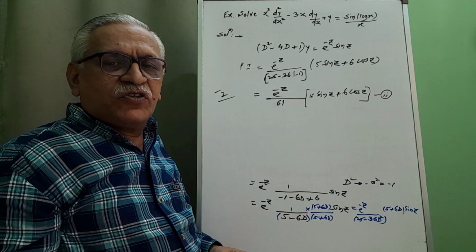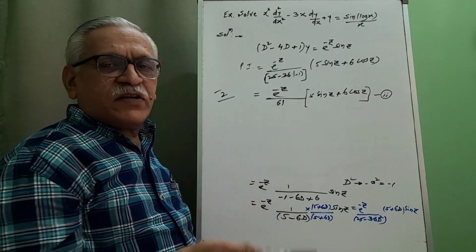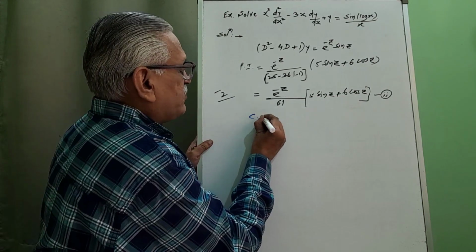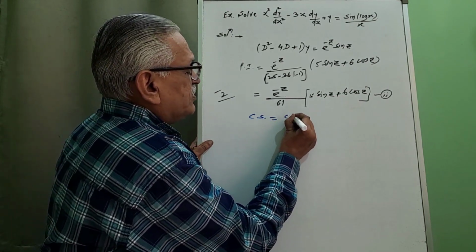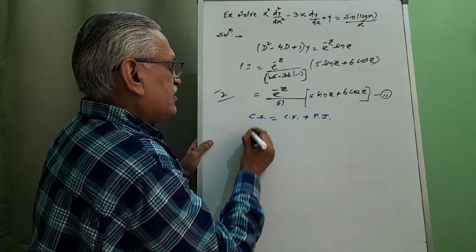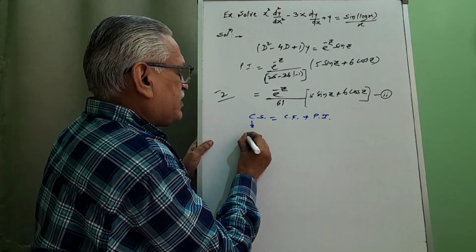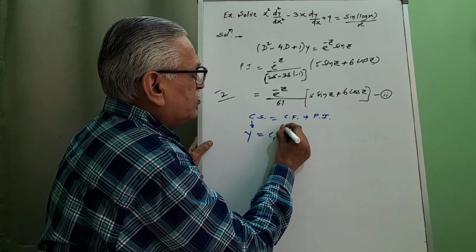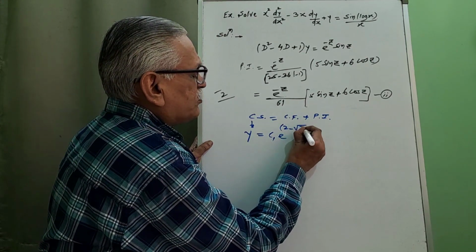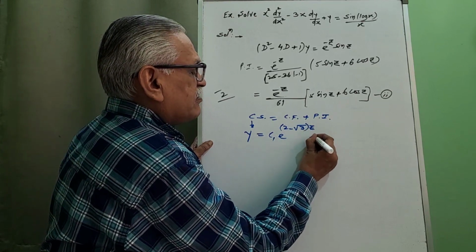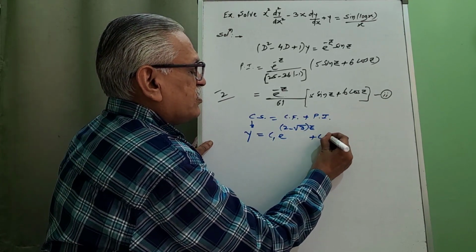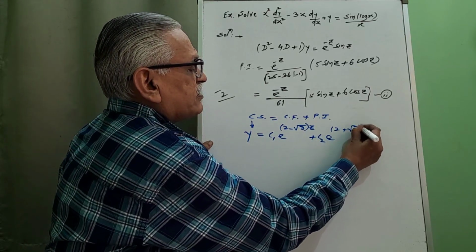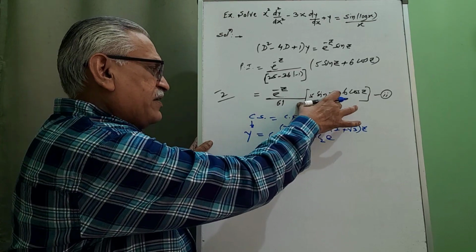Then complete solution is always obtained by taking a combination of CF and PI. Therefore, complete solution is equals to CF plus PI. Complete solution is always for the dependent variable. Here the dependent variable is y. C1 e raised to 2 minus root 3 times z, plus C2 e raised to 2 plus root 3 times z, plus this PI.